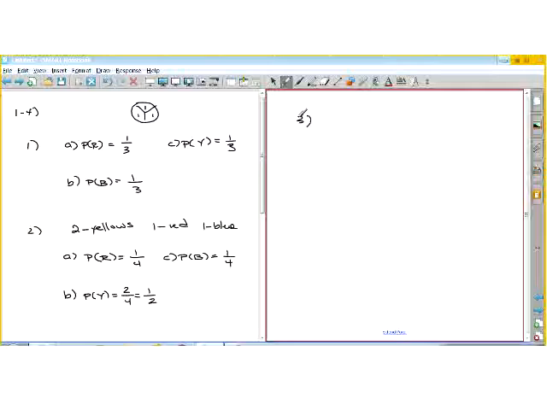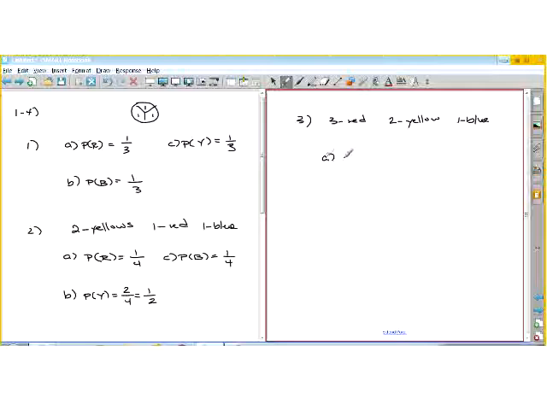Okay, the third case, we have 3 red, 2 yellow, and 1 blue, for a total of 6 little pies. And they're all equal size, which is important. Otherwise, we'd have to do some additional calculations.